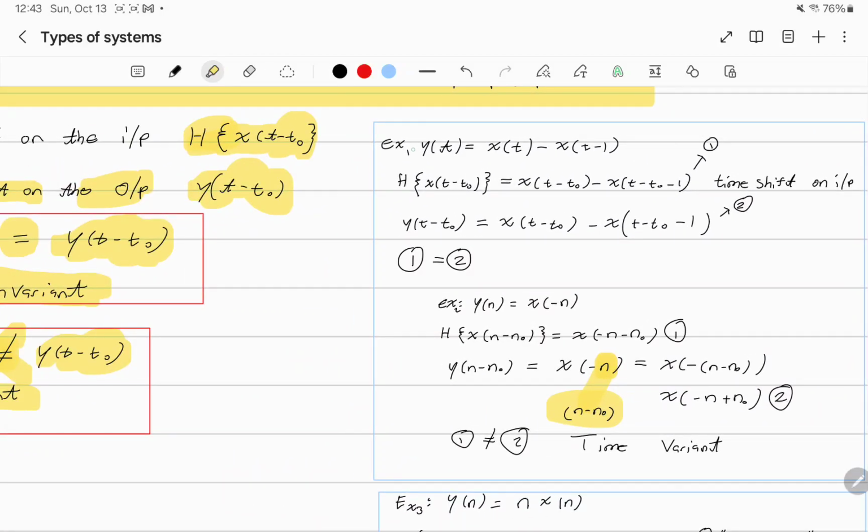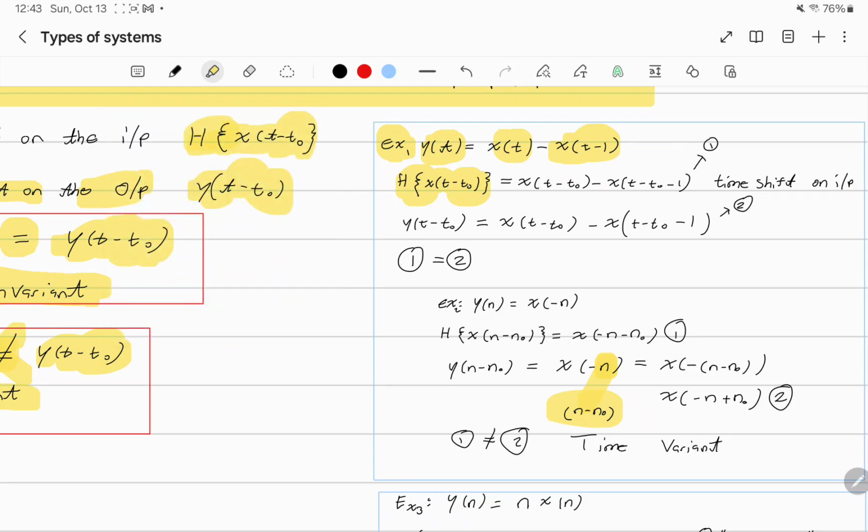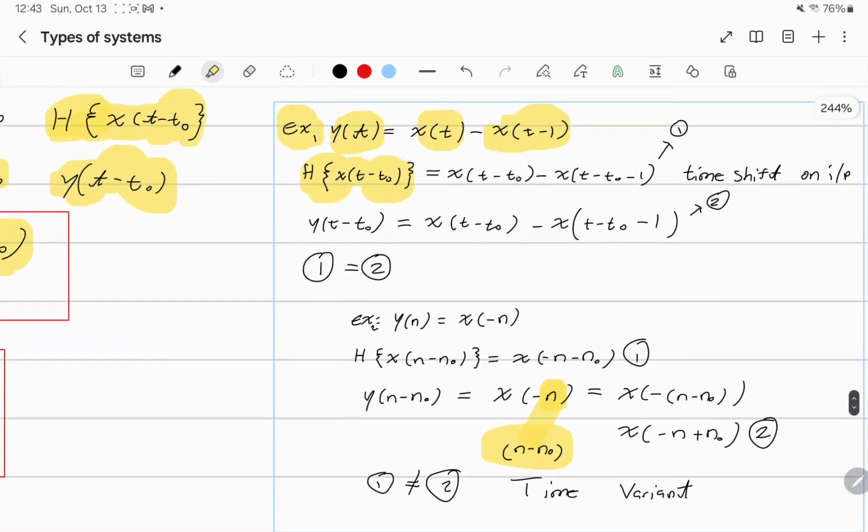The first example is y of t is equal to x of t minus x of t minus 1. First I performed a shift on the input.